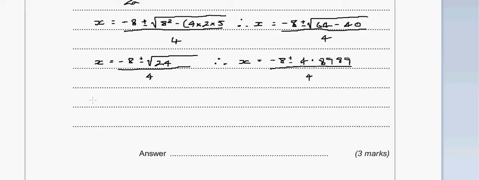So if I go with the positive one first, so x equals minus 8 plus 4.8989 all divided by 4.